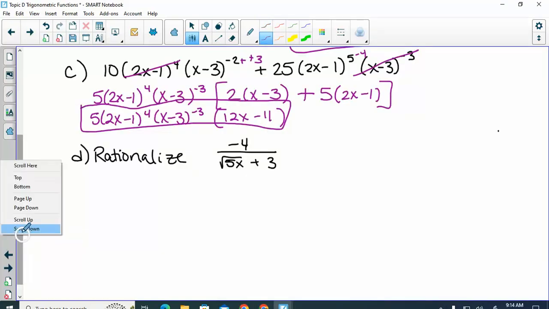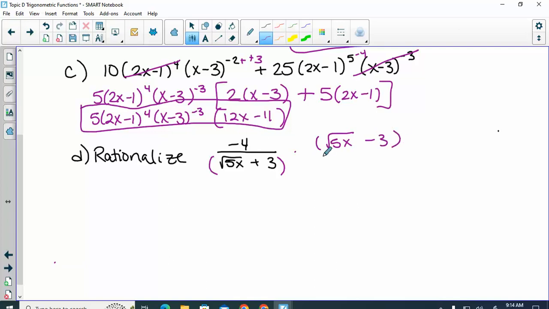What do I mean when I say rationalize? We need the radical off the bottom. So how would I get rid of that radical? So that's a square root of 5x minus.